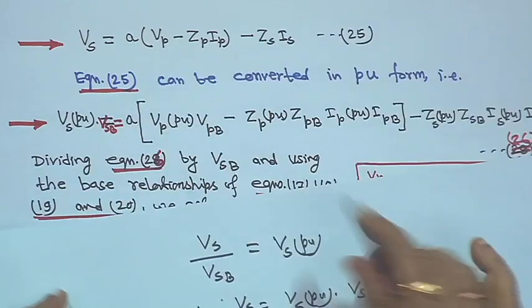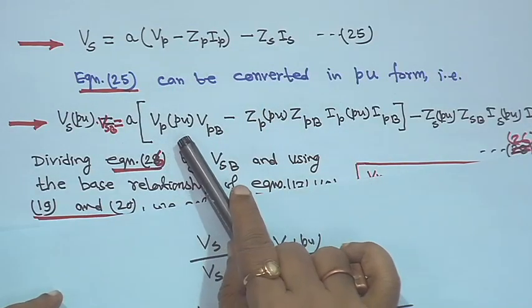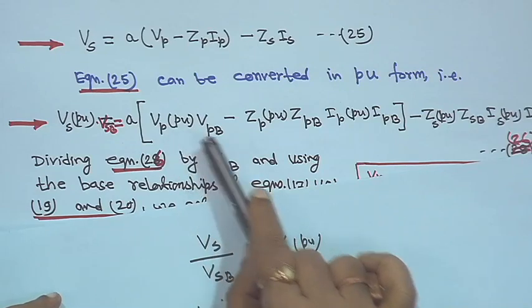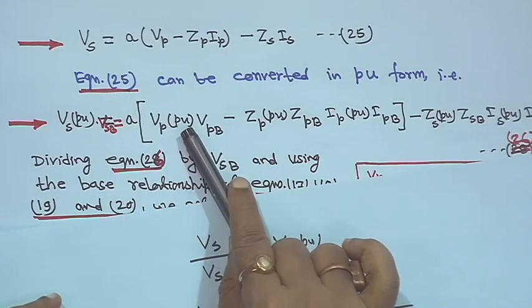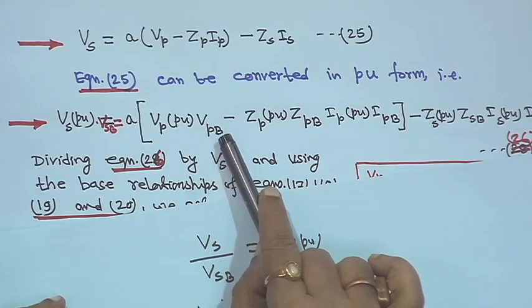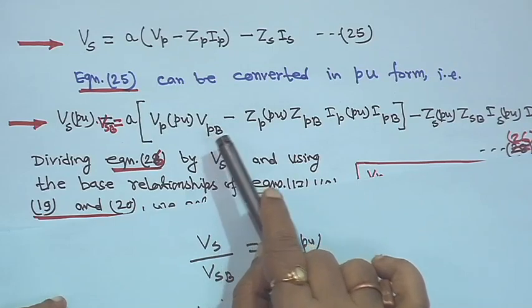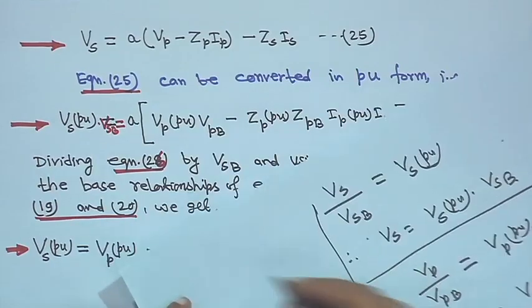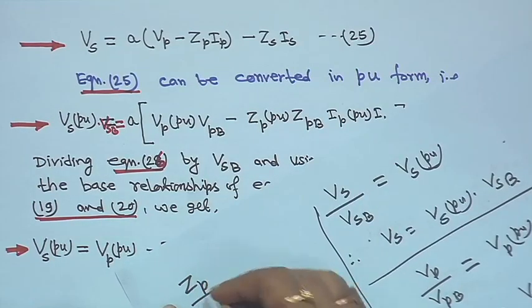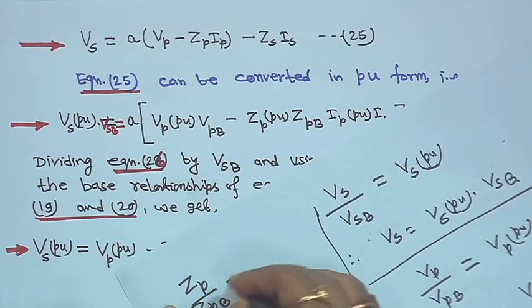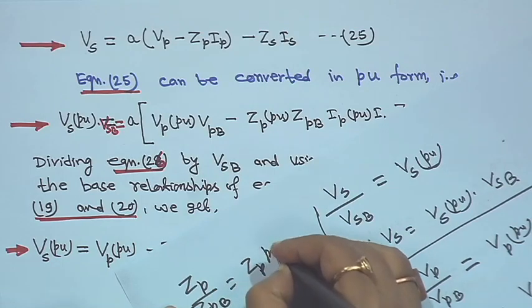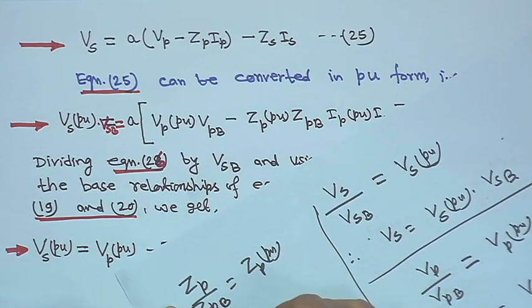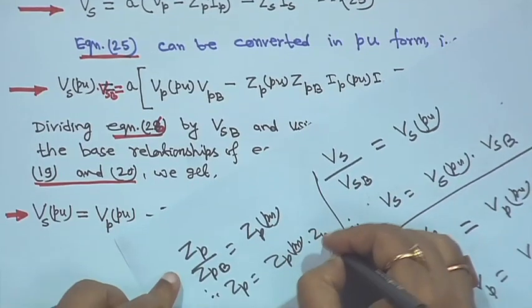That is why here we are writing Vp is equal to Vp per unit into Vpb. Vp per unit means these are per unit values, into the primary side base voltage, right. Similarly, Zp upon Zpb is equal to Zp per unit, that means Zp is equal to Zp per unit into Zpb.